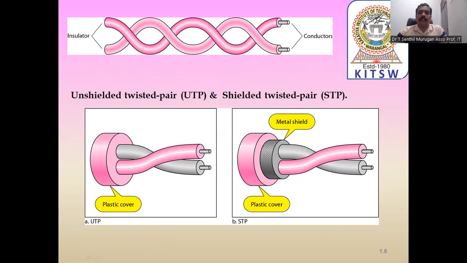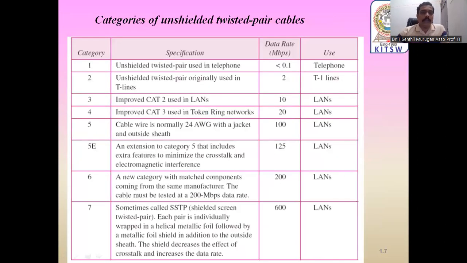Inside the cable, the copper metallic wire is the conductor, and the plastic wrapper is the insulator. The normal wire we use at home is considered twisted pair cable. If a metal shield is used, that is shielded twisted pair cable. If there is no metal shield and only a plastic wrapper, that is unshielded twisted pair cable.